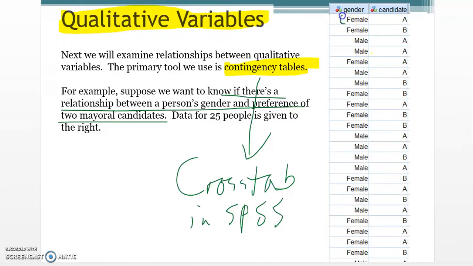For example, the first respondent is a female and she prefers candidate A. And the third respondent is a male and he would prefer candidate A as well. That gives you a sense of each respondent and their specific choice of the candidates.